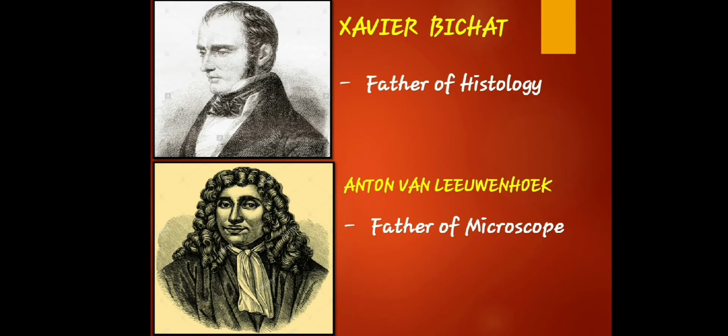Next would be Anton van Leeuwenhoek. Anton van Leeuwenhoek is a very important man in the field of science. Why? He is the father of the microscope. When we say he is the father of the microscope, he is the one who actually created the very first microscope. And in the history of the microscope, Anton van Leeuwenhoek is present. The very first microscope looked not like the microscope today, but more like a telescope.